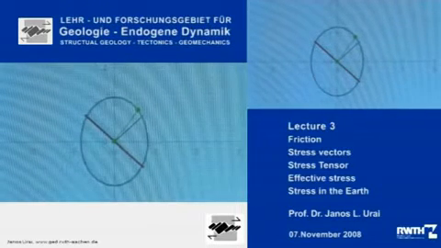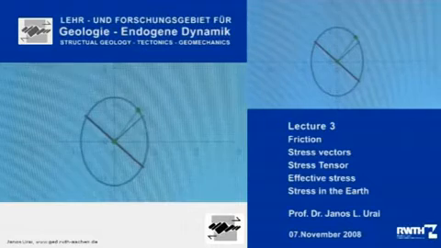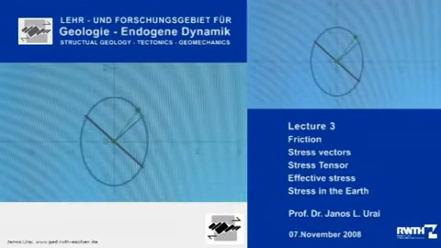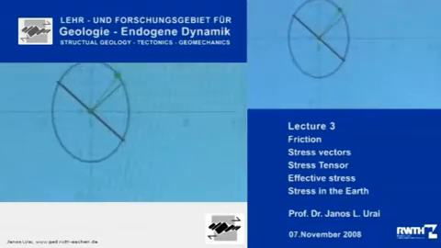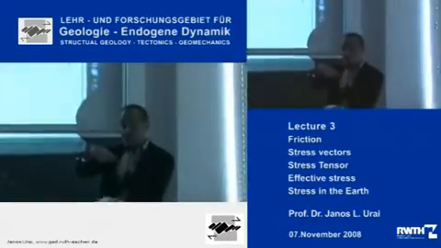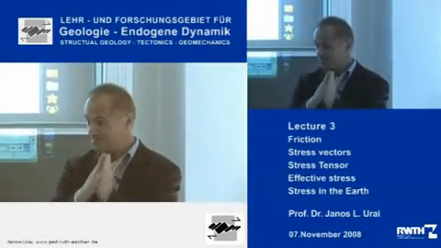And what is very important to realize is that in almost all of these orientations, the stress vector is not perpendicular to the plane. It is mostly a little bit misoriented. And this misorientation of the stress vector leads to earthquakes, because it has a component that can shear.